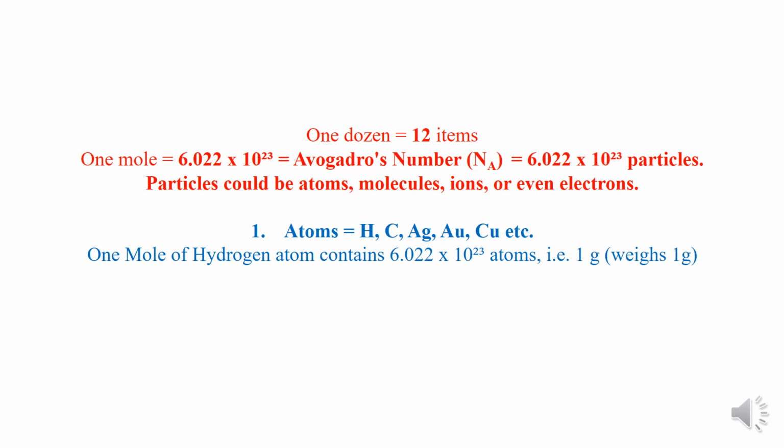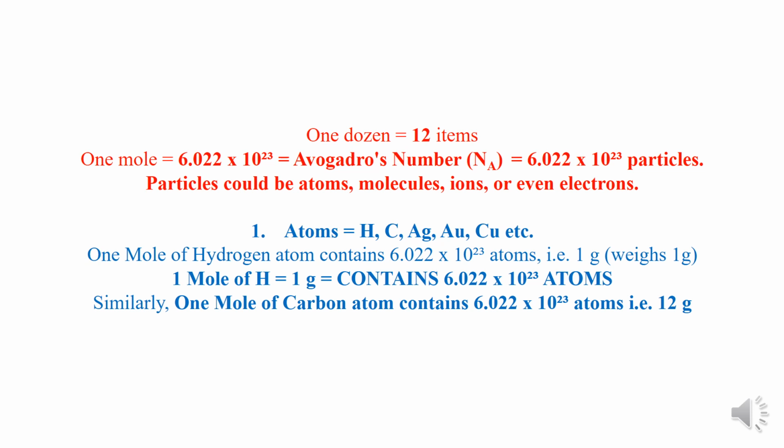So where did this number 1 come from? That is, where did 1 gram come from? It is the atomic weight of hydrogen. Hydrogen contains 1 proton in its nucleus, and thereby you have to consider it as 1 atomic unit. 1 mole of hydrogen is equal to 1 gram and contains Avogadro number of atoms.